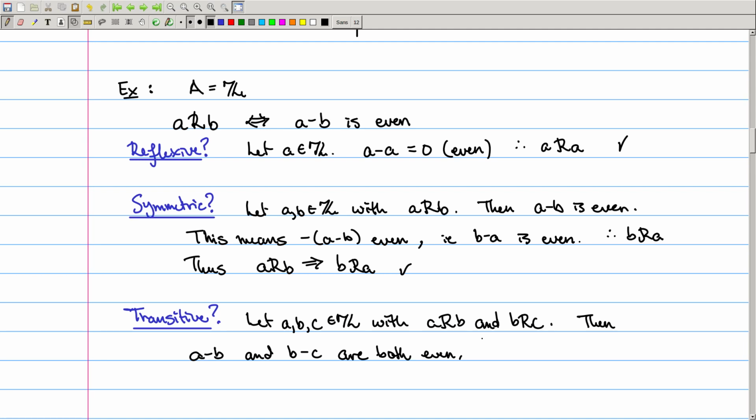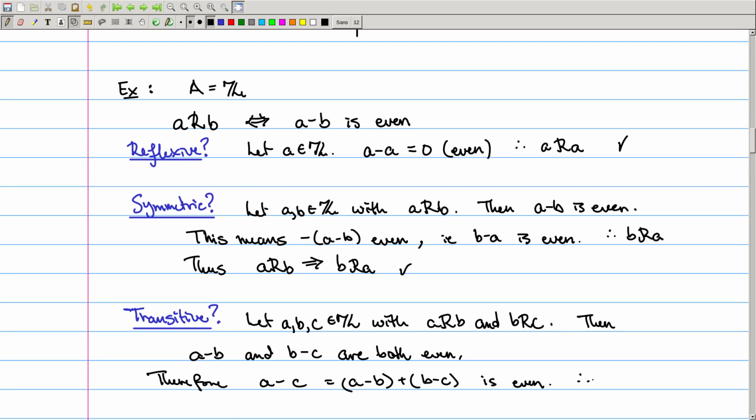And the way I can do that is I can just take these two even numbers and add them together. And remember, when I add an even number to another even number, hey, it remains even. So we get that A minus C, which is the same thing as A minus B plus B minus C, is the sum of two even numbers and is therefore even.